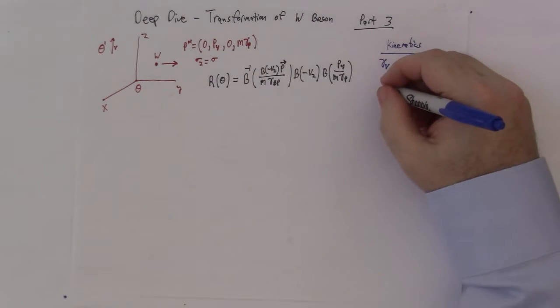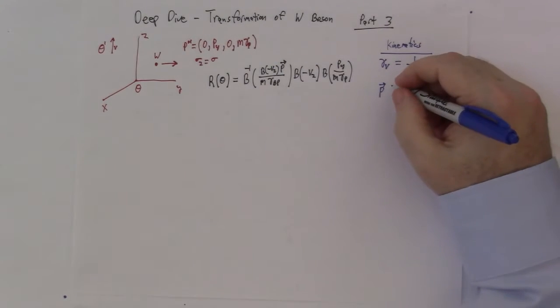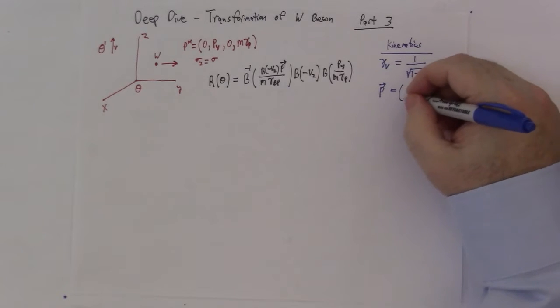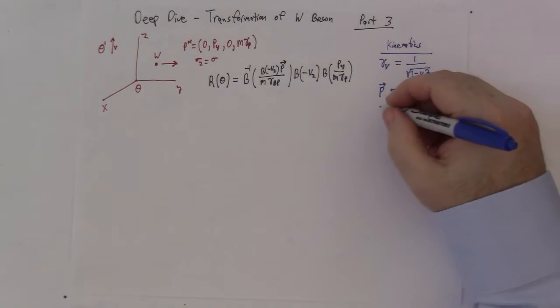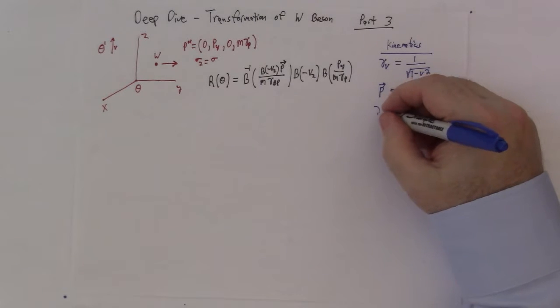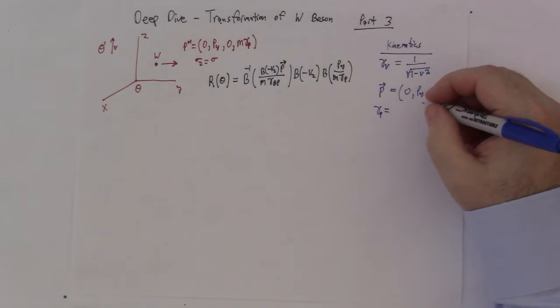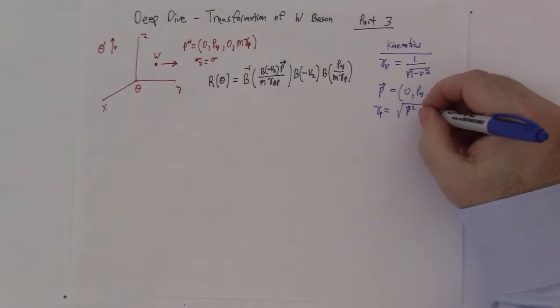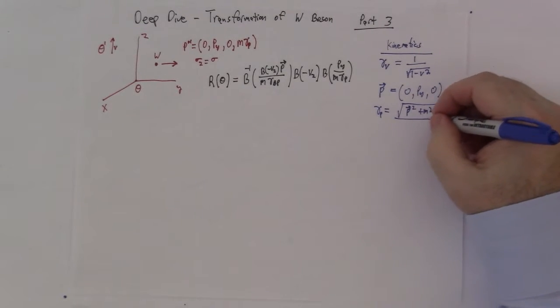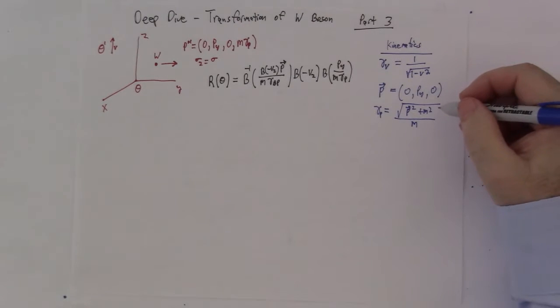Our 3-momentum for p is just given by 0, py, 0. And the gamma p that corresponds to it, you would calculate just using the standard Einstein relation, the square root of p squared plus m squared over m. This is just e squared equals p squared plus m squared.